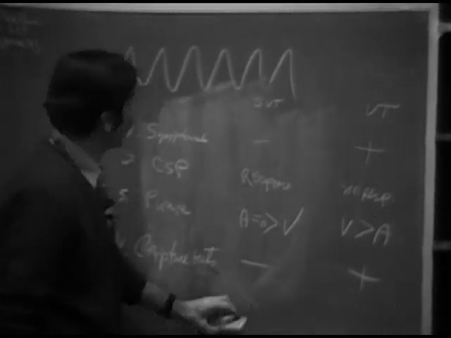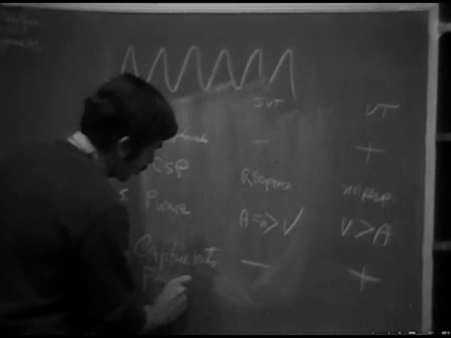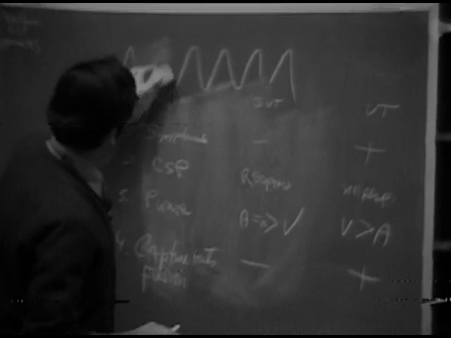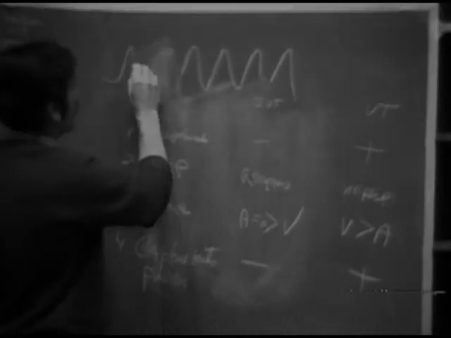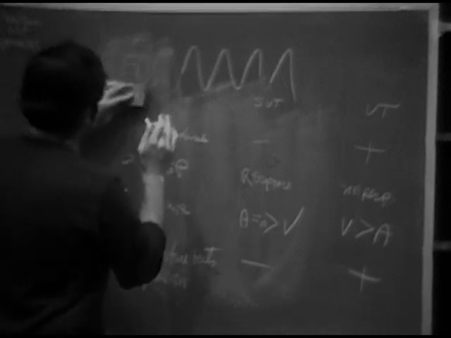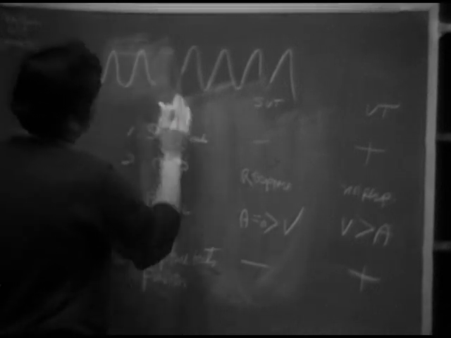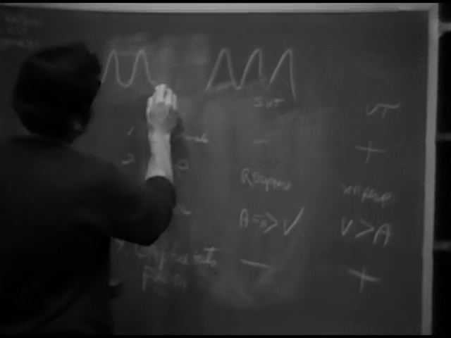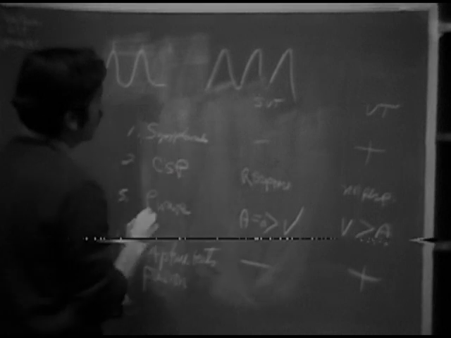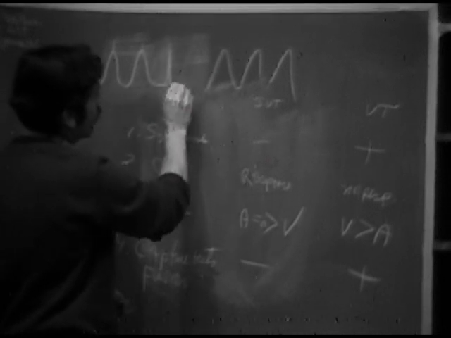And what a capture beat or a fusion beat, this goes for fusion as well, what you might see in the electrocardiogram is something that looks like this. You're going along with your rapid rate. And then a little earlier than you'd expect the next beat to come, you'll see a normal appearing QRS complex.